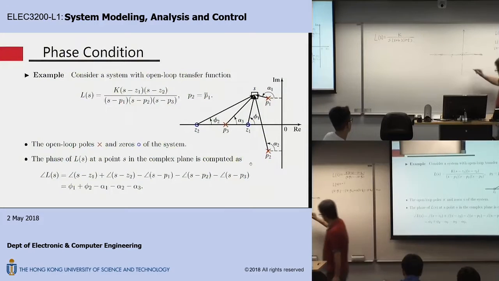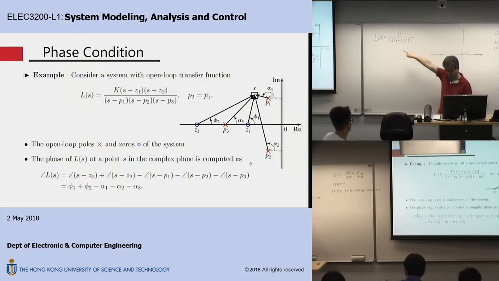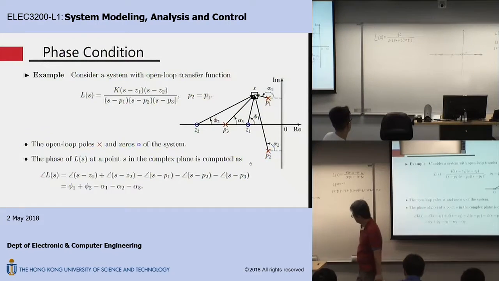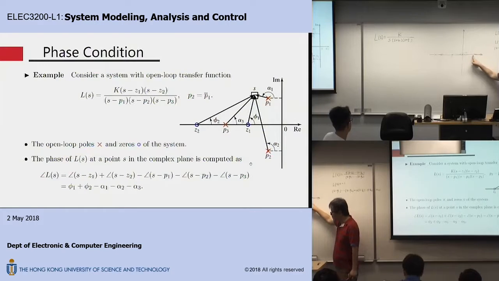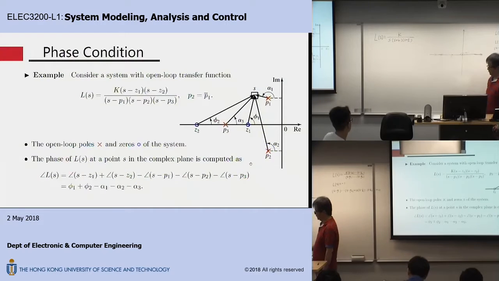If you have one pole on the right-hand side, then this particular s is indeed in the root locus. If you have two poles on this side, then you contribute 360 degrees. That's not right, so this is not in the root locus.